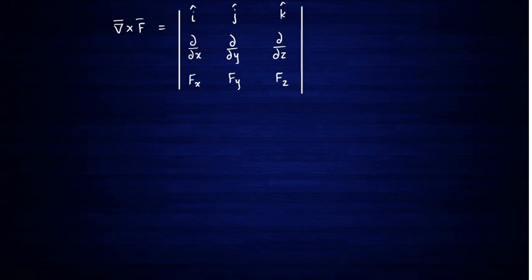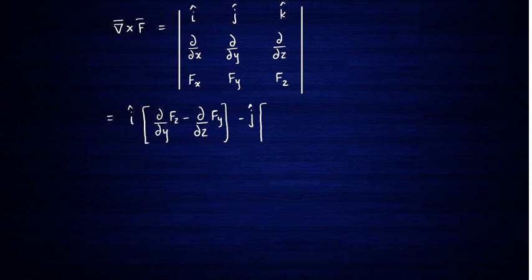So basically this expression means this is equal to i cap into parentheses dou by dou y of fz minus dou by dou z of fy, minus j cap, this is how we expand the determinant, dou by dou x of fz minus dou by dou z of fx.